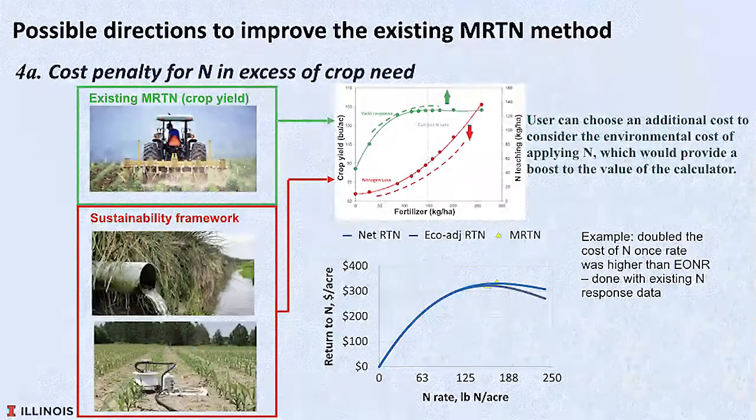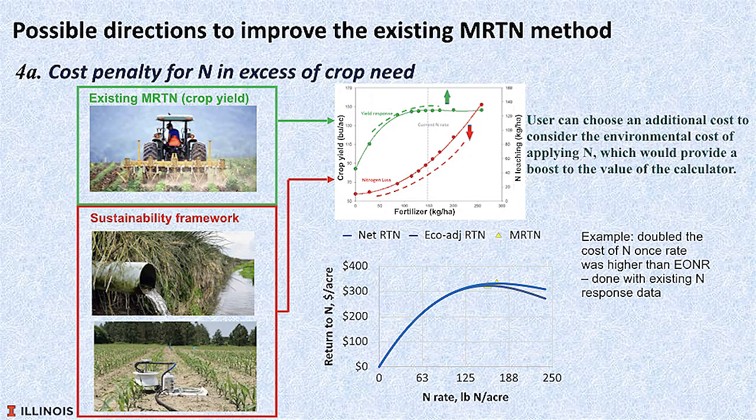This is a slide that Emerson supplied to me. One possibility is that you artificially say that for actual fertilizer that hasn't been used by the plants, you're going to get a penalty. That's a similar way to take into account the implications of nitrogen loss.